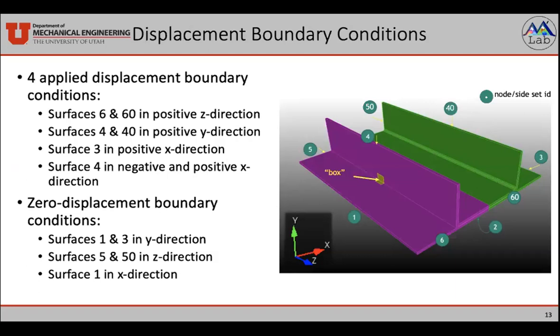First, we held at 0 displacement surfaces 1 and 3 in the Y direction, surfaces 5 and 50 here in the Z direction at 0 displacement, and surface 1 again in the X direction.